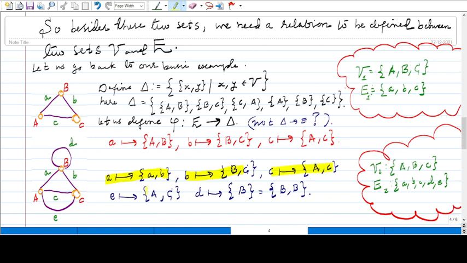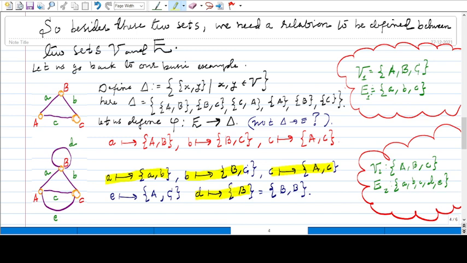And what are the extra edges? The edge e is between AC, so I am mapping e to AC. No problem because the edge e has a unique image. Of course, this will not be a one-to-one function because c and e are going to the same pair. No problem, it is well defined. And d is going to B, the loop, the singleton vertex.